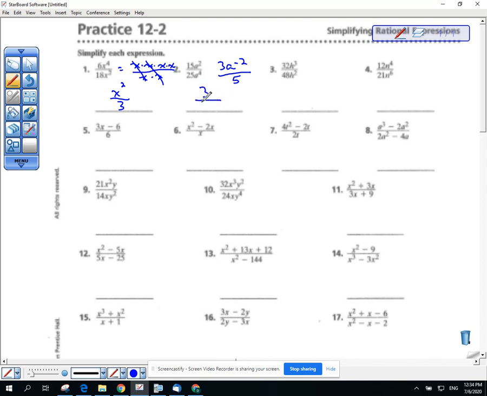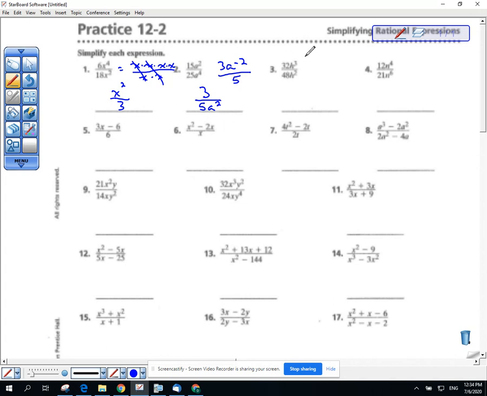The a to the negative 2 is going to move and become a to the positive 2, 3 over 5a squared. Again, if you had listed them out, a times a in the numerator, a times a times a times a in the denominator, and then wiped out the 2 pairs, if you will, top to bottom, you'd be left with 2 a's in the bottom. That's where your a squared comes from.